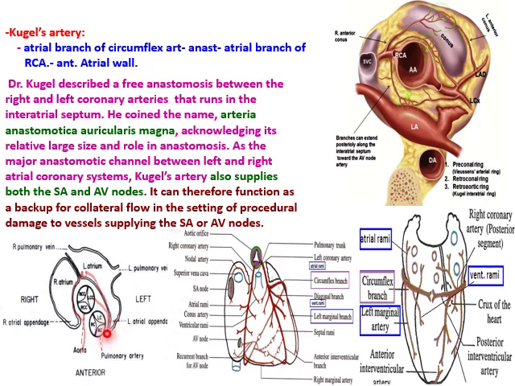This circumflex artery gives the atrial rami, the larger, longest one, and the right coronary artery gives the atrial rami, and they anastomose in the anterior aspect of the atrial wall nearer to the interatrial septum. So this is all about Kugel's artery.